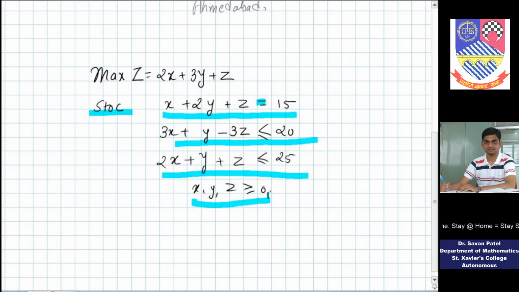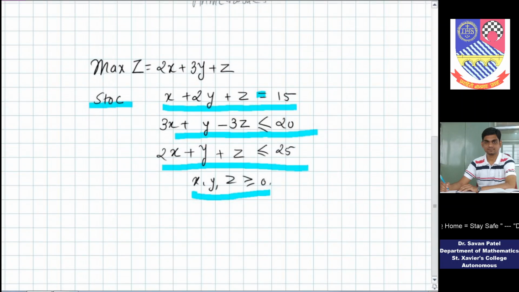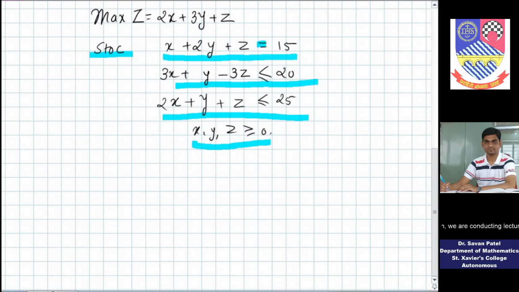So when we introduce slack or surplus variables to get equality, the problem will be converted in this way: maximize z is equal to 2x plus 3y plus z, subject to constraints x plus 2y plus z. Here equality is already in the sign, so it will continue with equals to 15.